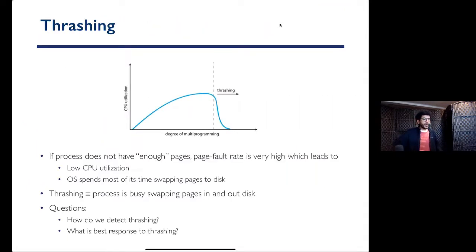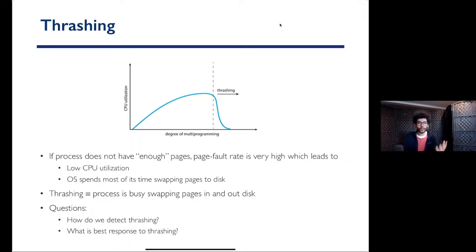So what is thrashing? Thrashing is a situation that happens, and you probably have seen it. For those of us who had really old systems, this happened a lot. You start opening new processes, like you start opening your Firefox, your Word, and then you open your Photoshop, and then you open your, I don't know, Adobe, and a lot of applications.